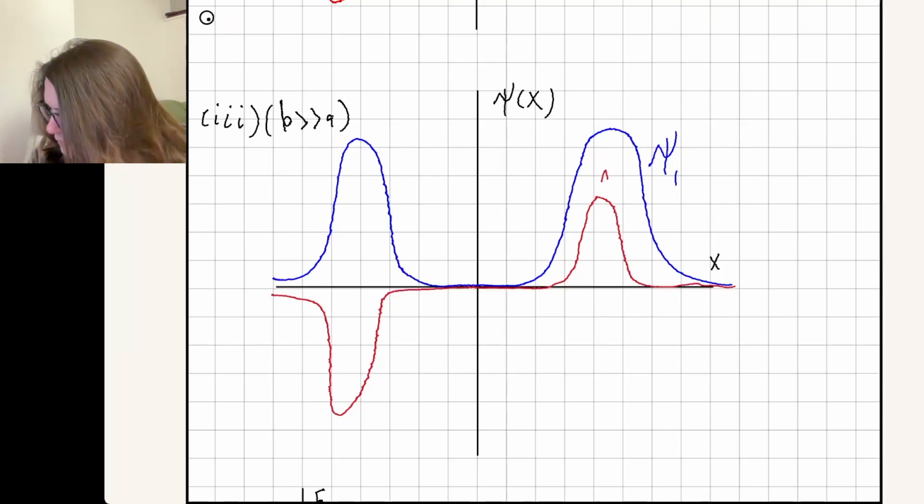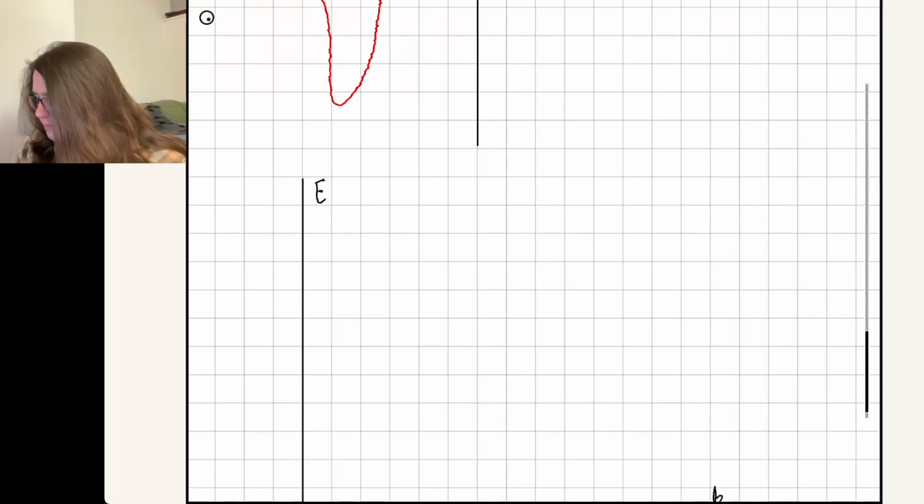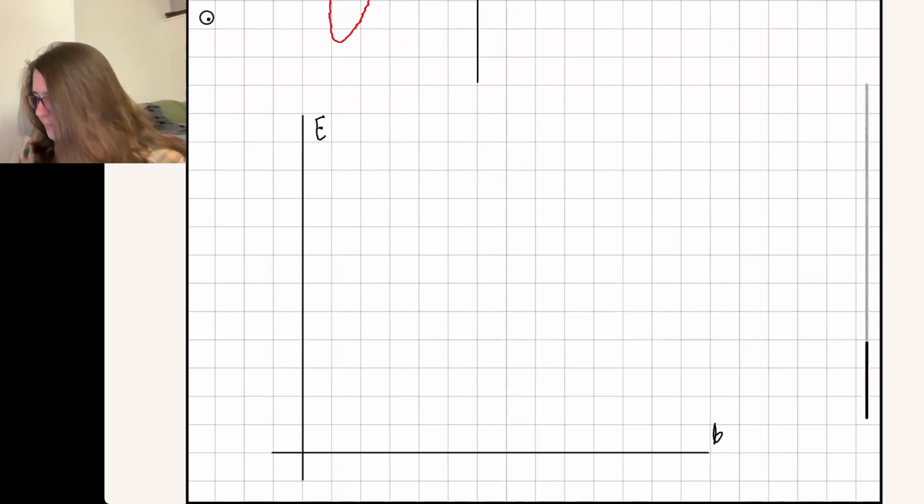So that's psi 2. The interesting thing is that in the positive x region, it kind of just looks like there's two finite square well ground states, and that's what we're going to use to surmise the shape of the energy graph as B increases, right?